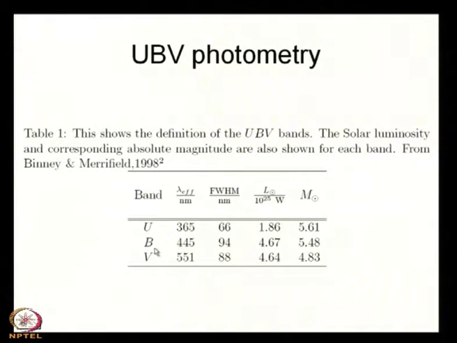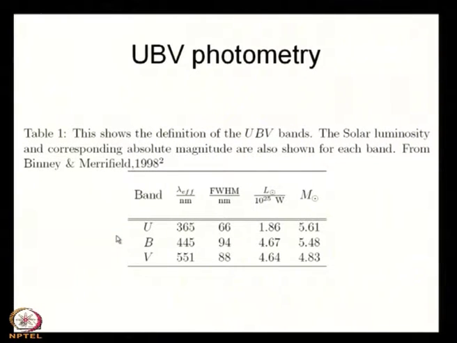Similarly, the blue band is given over here and the visual band is given over here. The full width at half maxima are also given. For reference, this table also shows the solar luminosity in these bands. So, if I look at the sun, how much energy does the sun emit in this particular band?